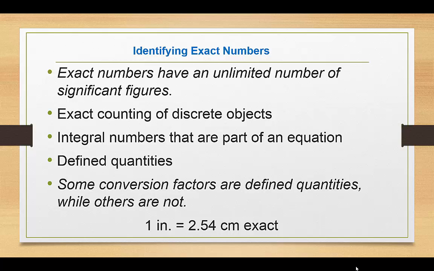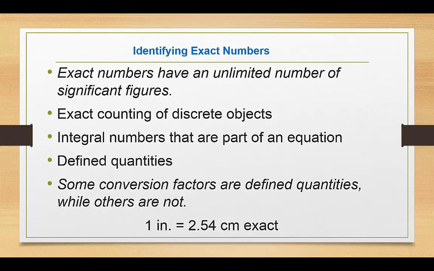So if I have discrete quantities, then I don't use that to limit the number of significant figures. If I have integral numbers, so integrals being whole numbers, 1, 2, 3, 4, if those are part of an equation, I don't use those to limit my number of significant figures. Now we're going to look at the idea of conversion factors, how to get from one unit to another using a conversion factor. That we'll be looking at next week.